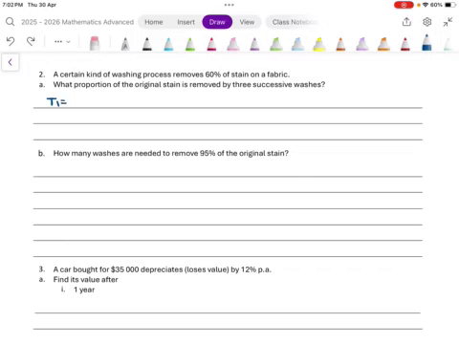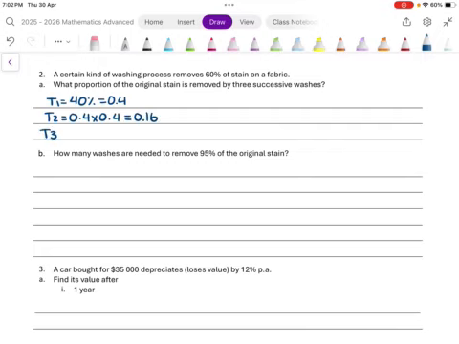I suppose we should probably write that down. Okay, but we want to be working in decimals, so it's equal to 0.4. That means that T2 is equal to 0.4 times 0.4. Okay, because at every time we wash, it removes 60%, leaving 40% left. That means T2 is equal to 0.16.